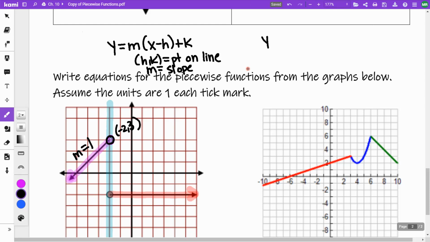Normally, point slope form is y minus y1 equals m times x minus x1. That's what we think of as point slope form.